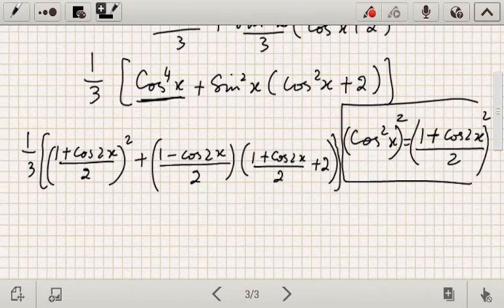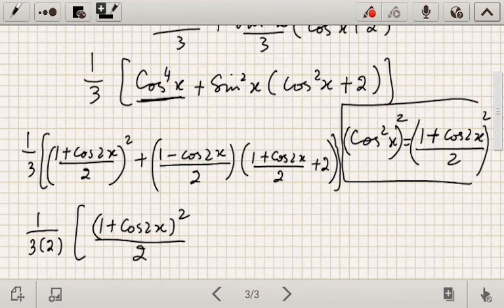Now we have to simplify this, and for that I'm going to take the 2 common as well. So I'm going to be left with 1 plus cos 2x whole squared divided by 2, because 2 was also a square in the denominator. So if we take 1 over 2 outside, 1 over 2 is still left inside.